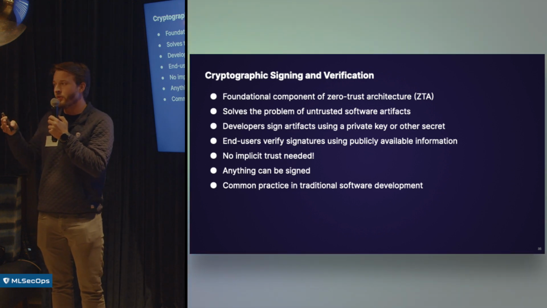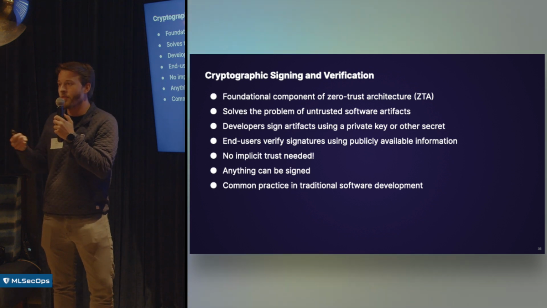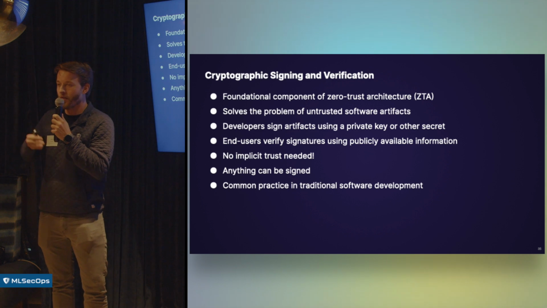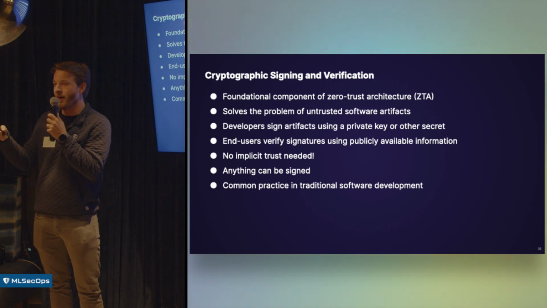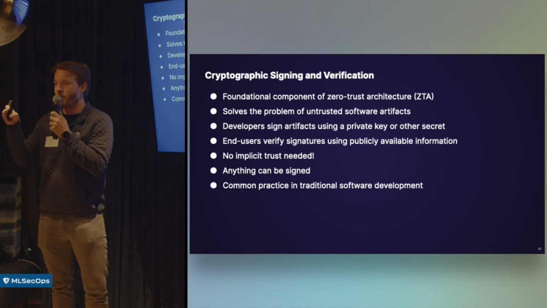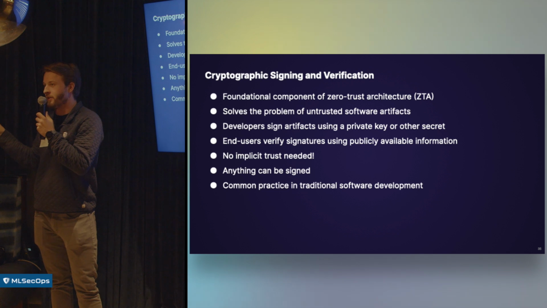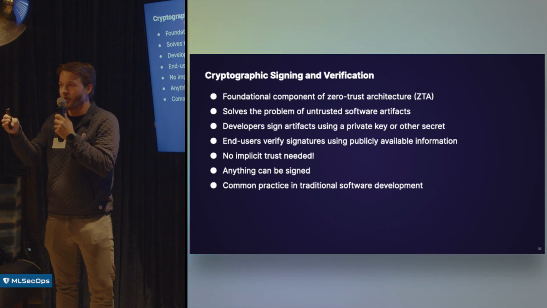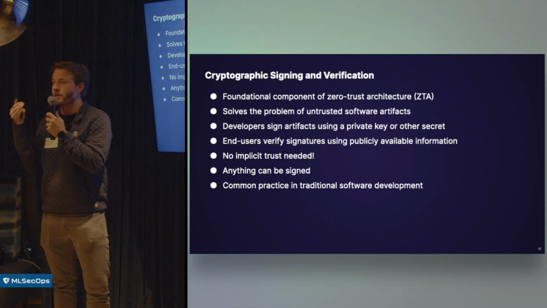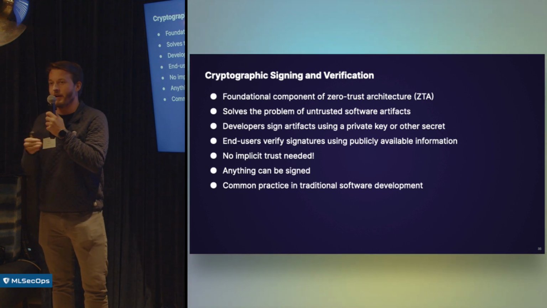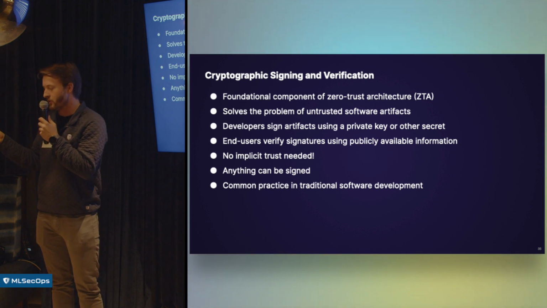It allows the trusted author of a given artifact, such as a machine learning model, to use their identity to verify that a certain artifact is safe at a certain point in time, and at any point in the future, anybody else can verify that signature and verify that this model is the exact same one that the initial author created, and there haven't been any changes or tweaks to it since.